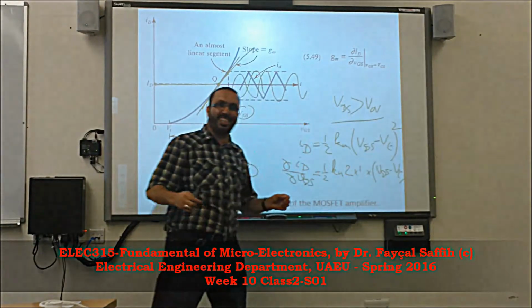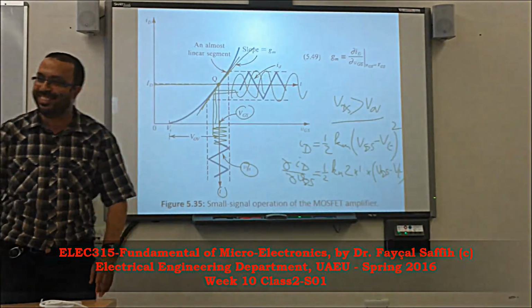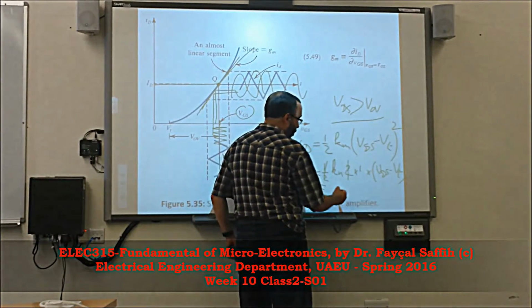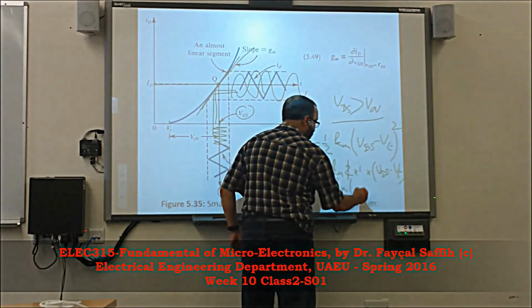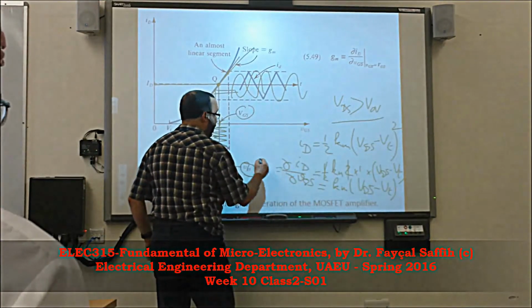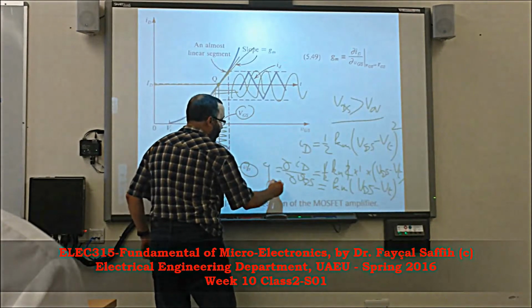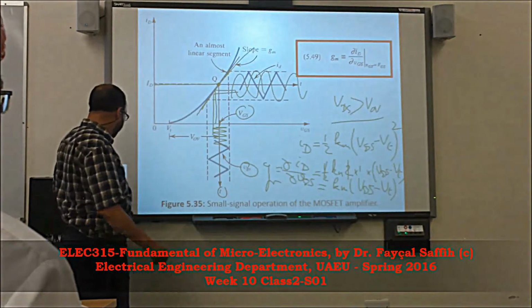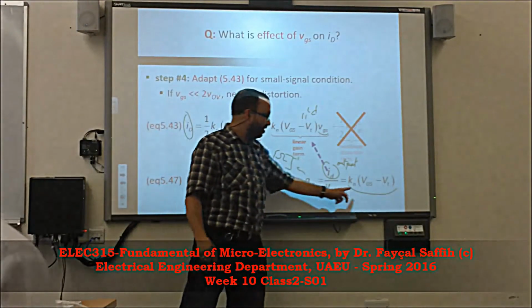Pure math. It's not KCL, KVL. So this is equal to Kn (VGS minus VT), and that's basically the definition of gm, which is exactly the previous value.